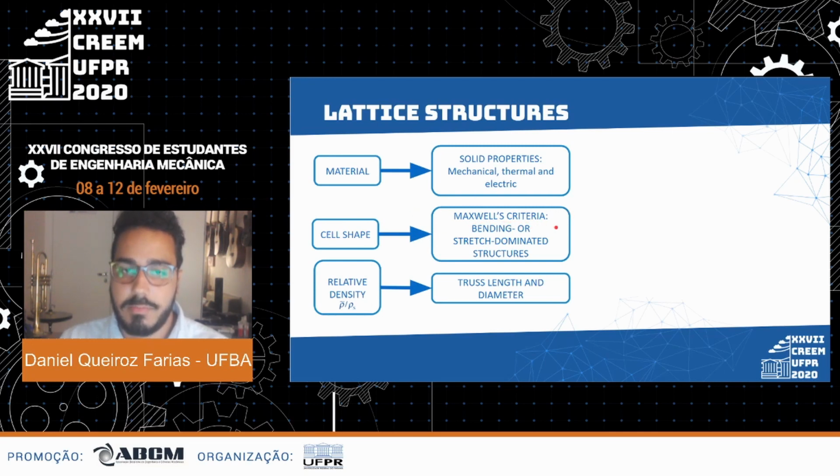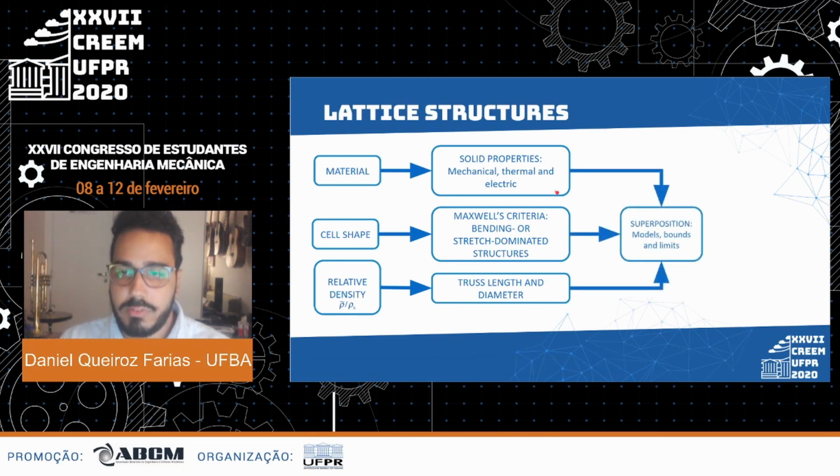The structures can be divided into bending or stretch-dominated structures. And finally, the relative density, which is influenced by the truss length and the diameter of the trusses. After these three models are superposed, we finally have the lattice properties.